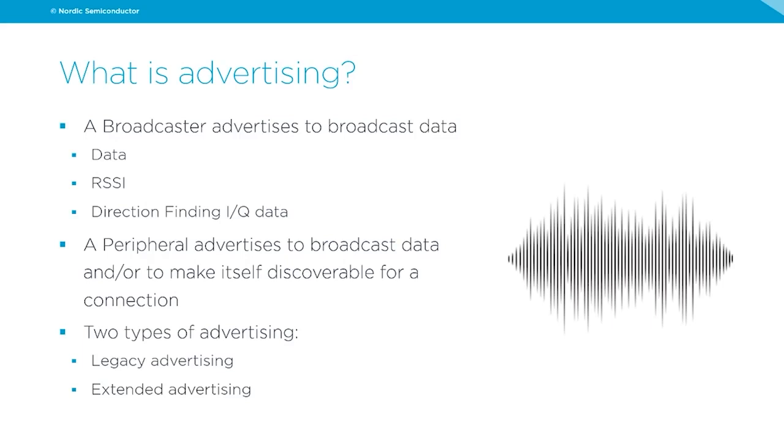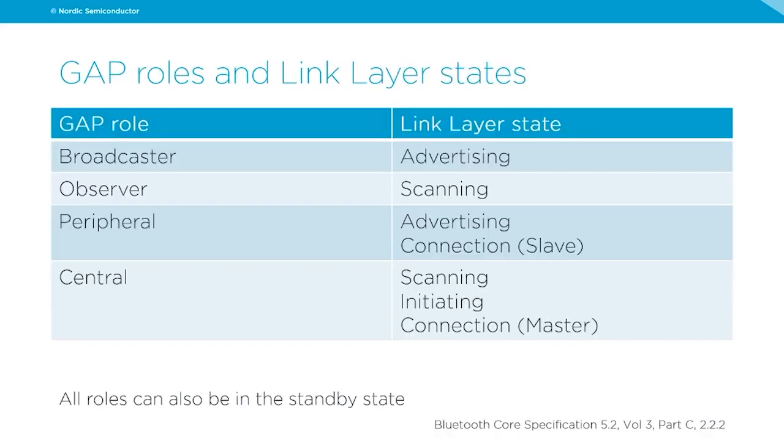There are two types of advertising: legacy advertising, which is defined in Bluetooth 4.0 until 4.2, and then extended advertising, which is defined in 5.0. Both of them are still used now, but we will focus on the legacy advertising first.